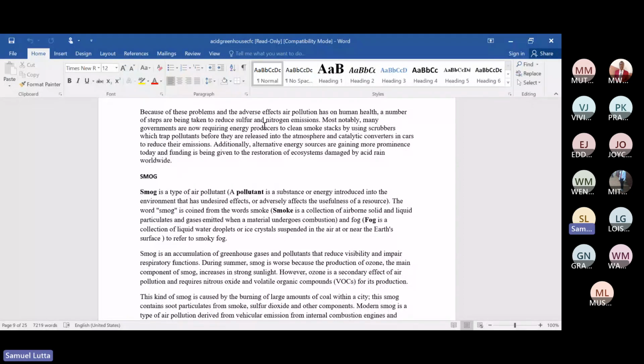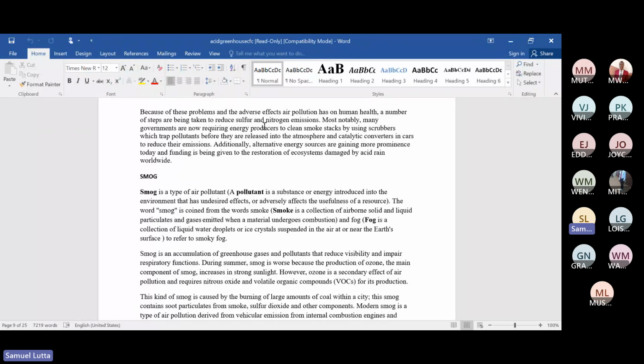And then the other way of controlling this is also by, for industries, we have what we call long chimneys, and in those long chimneys, they normally put lime, which is just calcium oxide or calcium hydroxide. So when you generate these gases, like sulfur dioxide, they'll be absorbed by the calcium hydroxide to form calcium sulfate.